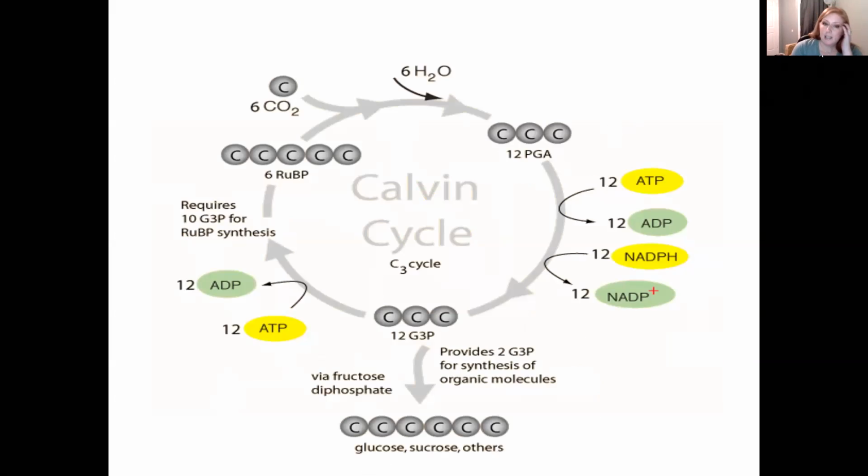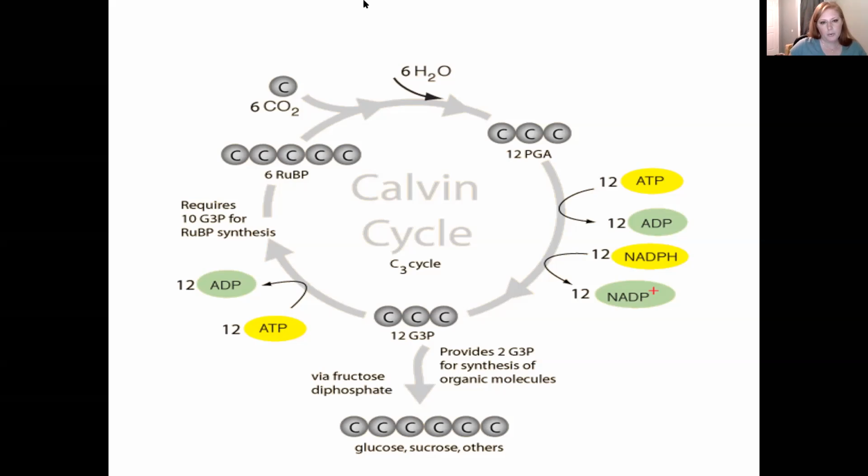Calvin cycle. This should look somewhat familiar to you. Remember what it looks like from cellular respiration. It should look like the citric acid cycle, and it's similar-ish, except for a couple of things that are going to be the opposite of what we had in cellular respiration.